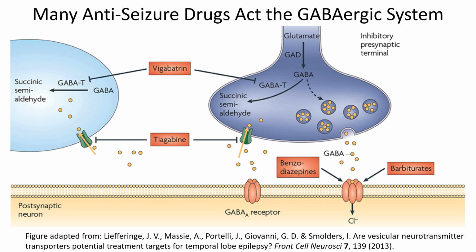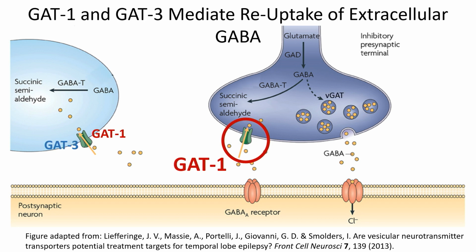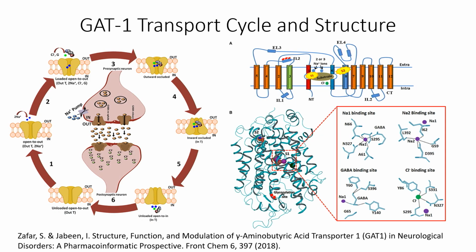And there are a number of drugs that will target different components here, all with the effect of potentiating GABAergic signaling and relieving seizures. And today, of course, I'd like to focus on GAT1, and I'll mention very briefly GAT3 as well. So the structure of both GAT1 and GAT3 is that they're a dimer, so two proteins will come together.